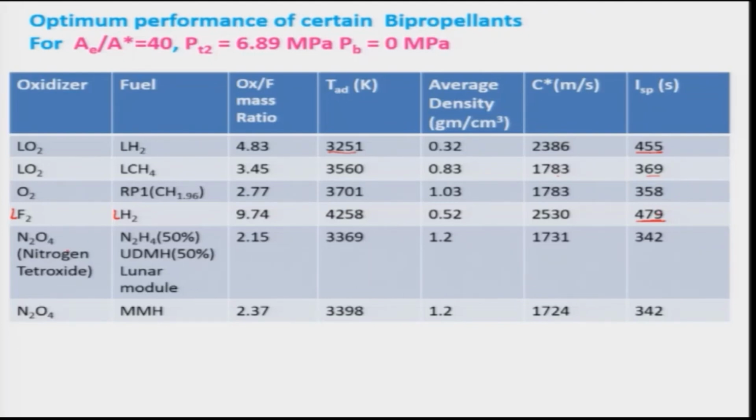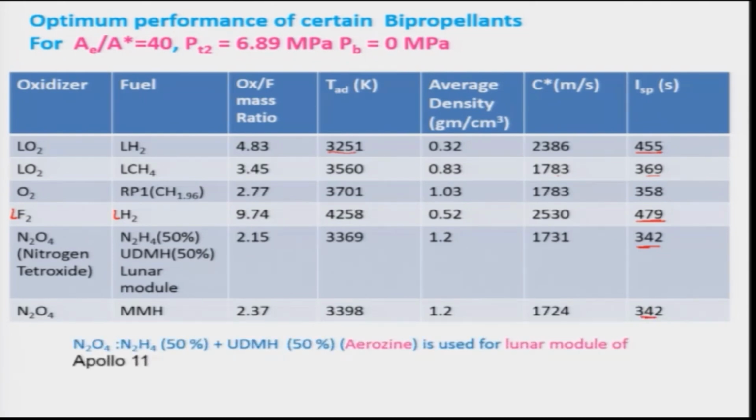Nitrogen tetroxide, and as I told earlier, the mixture of hydrazine and UDMH 50% has been used in the lunar module, which can give you something like 342 ISP. And also nitrogen tetroxide with MMH can give you 342, and keep in mind that this has been used as the lunar module in Apollo 11, and that combination is known as Aerozine.